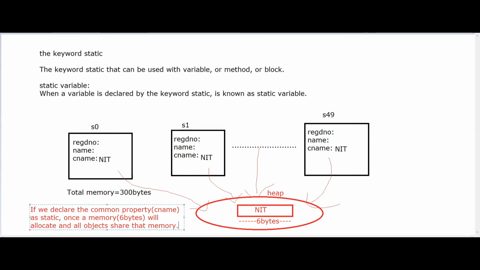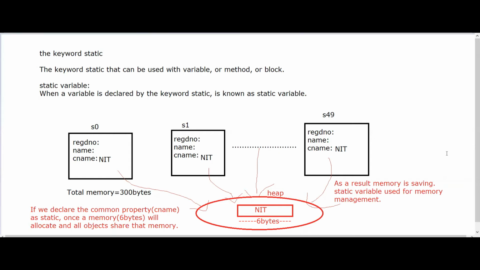As a result, memory is saved. This is the advantage. So we can say a static variable is used for memory management. Static variable is used for memory management. I hope you got the clarity.